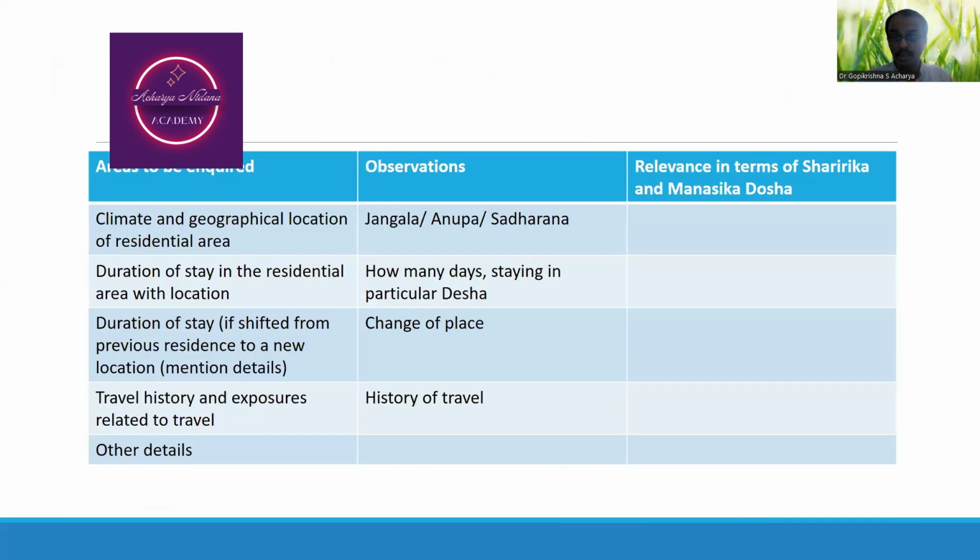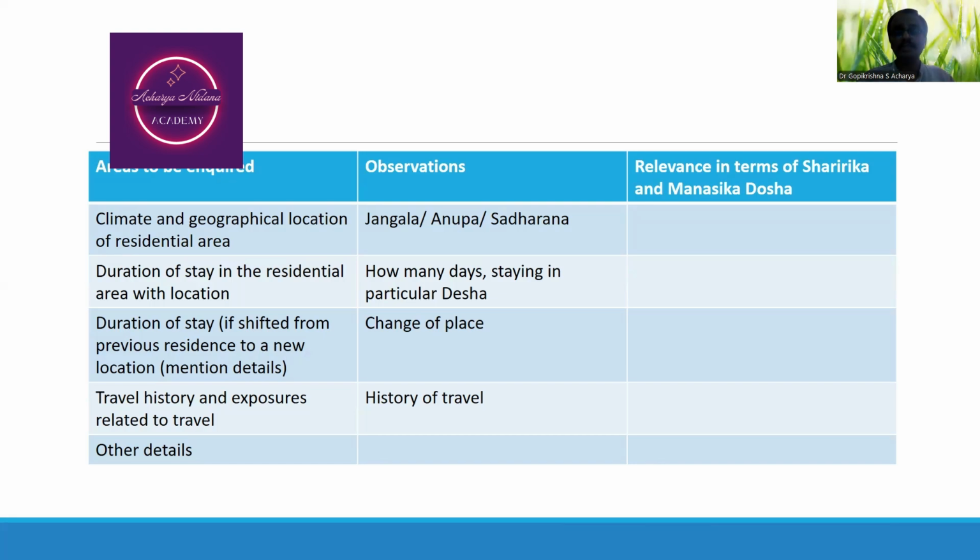As far as the questions that may be asked in environmental history are concerned: what kind of climate a person is exposed to, and what kind of geographical location the residential area is where he is living. Suppose a person is living in Kulu or Manali or Ooty, etc., which may be damp places, kapha dominant diseases are more common.